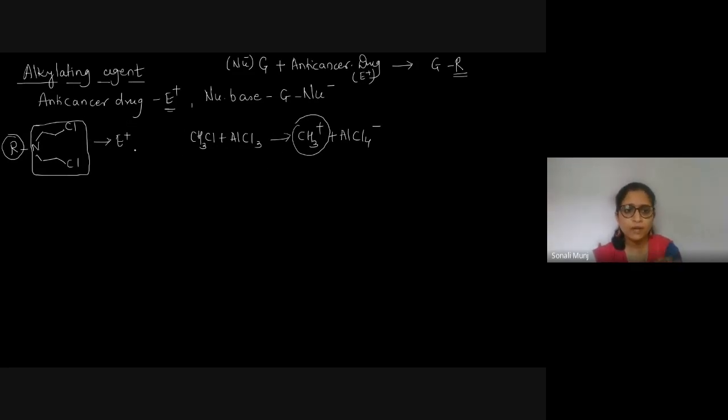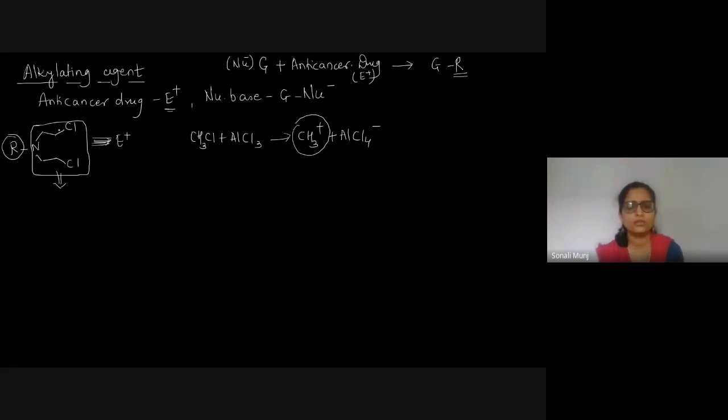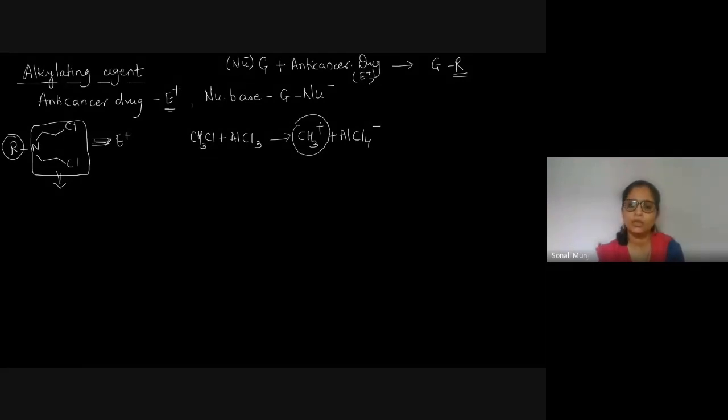So I will be generating this electrophile from this particular square box. How? For that, just pay attention here. You all know that chlorine has a lot of electronegativity. As far as electronegativity is concerned, chlorine is the best one, right? So what will chlorine do? Chlorine will try to pull the electron cloud.